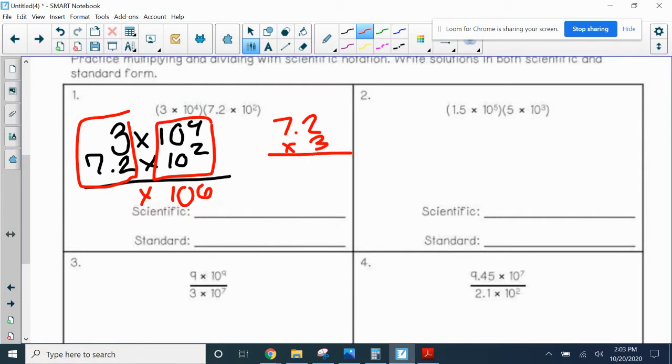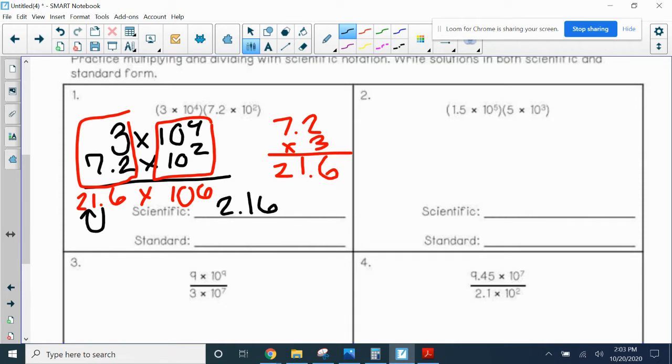Then we're going to say 7.2 times 3. Well, 3 times 2 is 6. 3 times 7 is 21. I start off with 1 behind the decimal, so I end with 1 behind the decimal. I'm going to take this time to point out that now I have 2 numbers in front of my decimal. We learned on Monday, and then again yesterday, that our standard scientific form has only 1 number in front of the decimal.